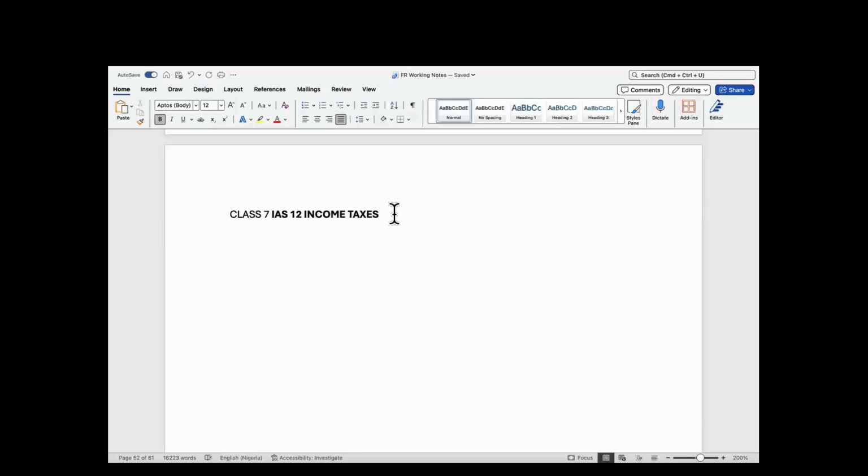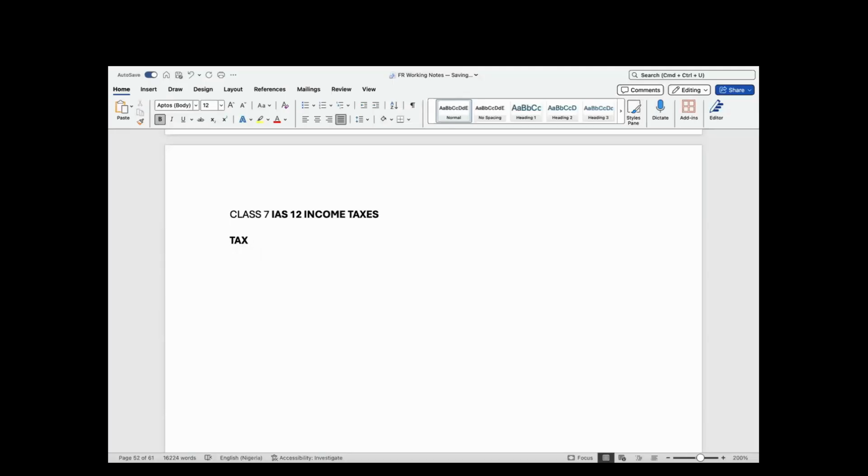So today, for the FR students, we are going to start and finish IS 12 on income taxes. And what does IS 12 look at? Basically, the focus is on tax.